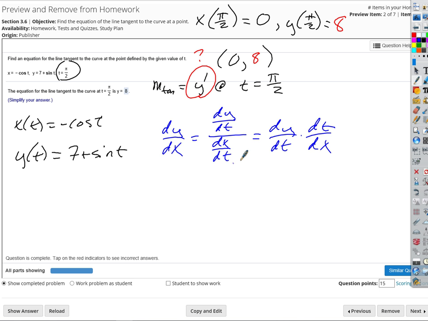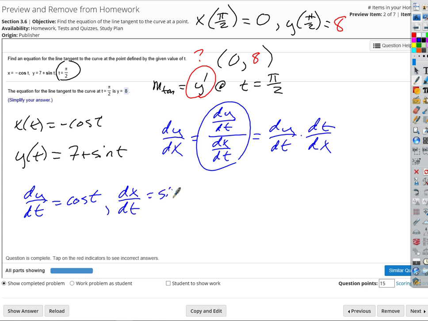I think this is a little bit easier to think about, though, because I've got these functions written already in terms of t. So dy dt is just going to be, what, cosine t? Dx dt is going to be positive sine t. So my derivative function is just going to equal cosine t divided by sine t, which I could write as cotangent if I want to.